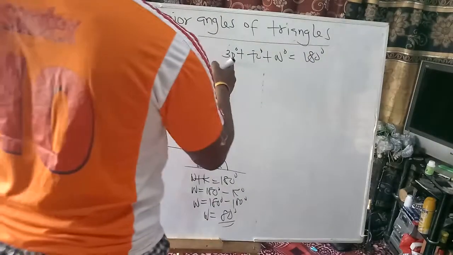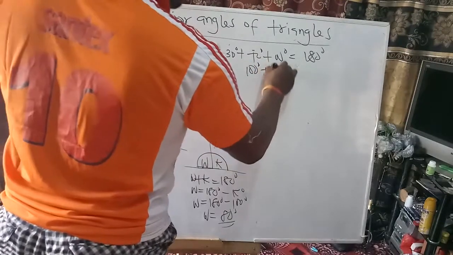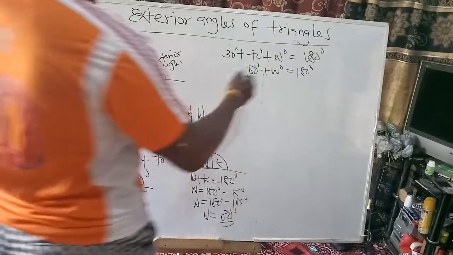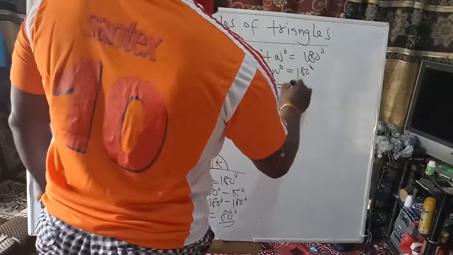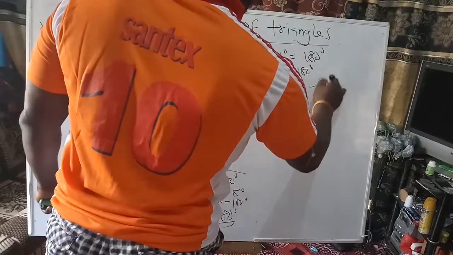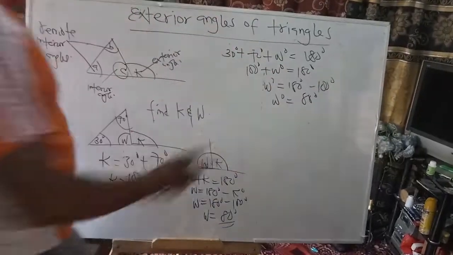I know that 30 plus 70 is 100, so 100 degrees plus W degrees equals 180 degrees. So W equals 180 degrees minus 100 degrees, which is 80 degrees.